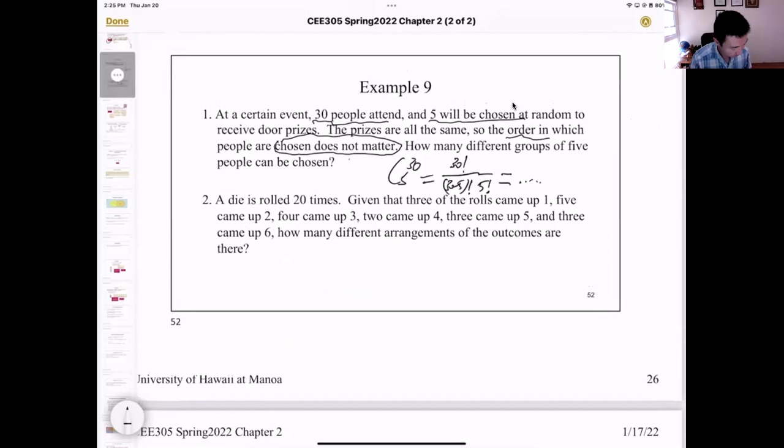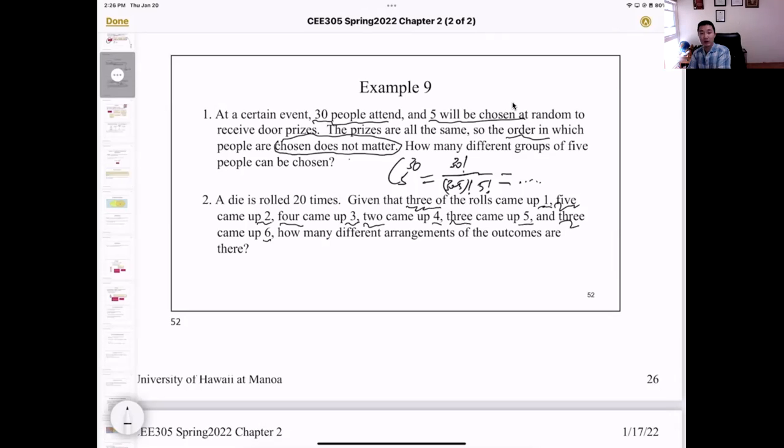So we have a die rolled 20 times. For these 20 times, 3 times the upper face shows 1, 5 times the upper face shows 2, 4 times 3, 2 times 4, 3 times shows 5, 3 times shows 6. So we roll a die 20 times, and this is the number of times for each number, 1 to 6.